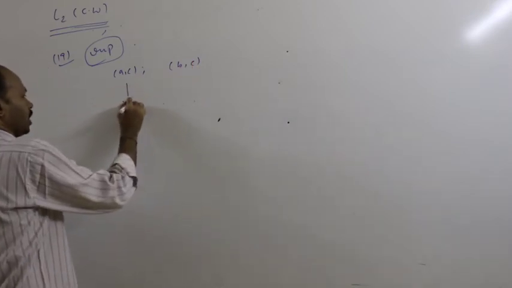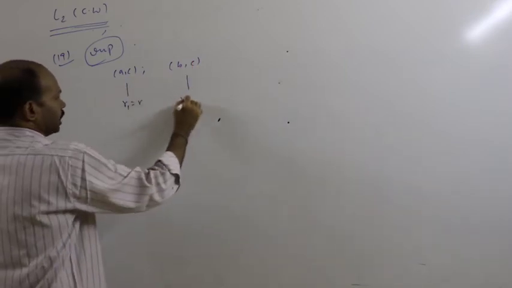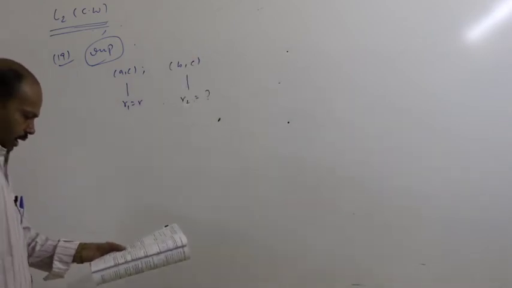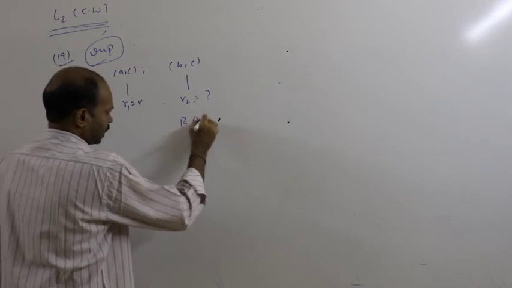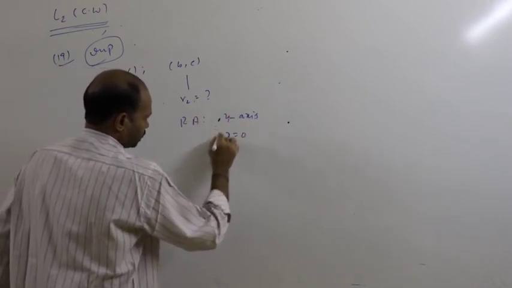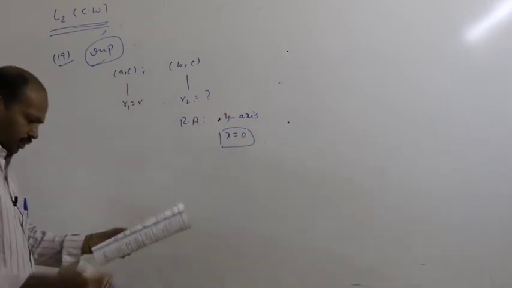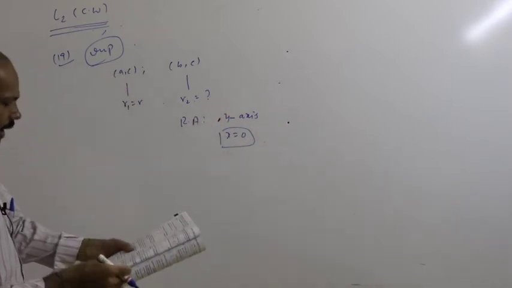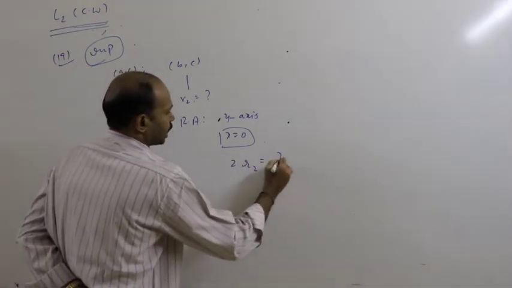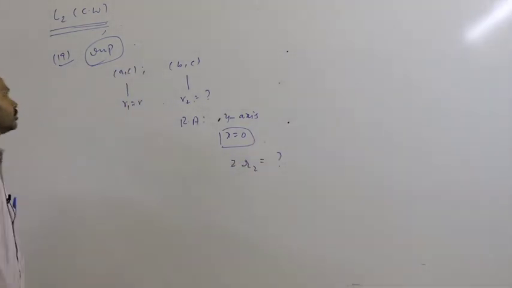This radius r1 is r, and this radius r2 is a question mark. The radical axis is nothing but the y-axis, that means x is equal to 0. Find the diameter of the second circle, 2r2, is the big question mark.